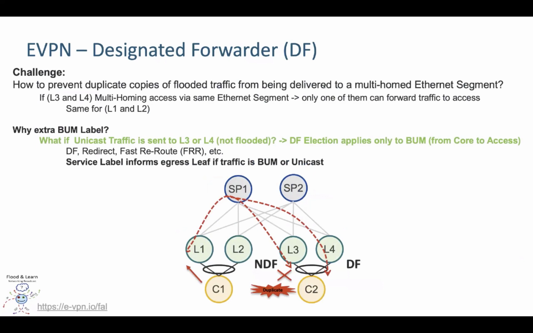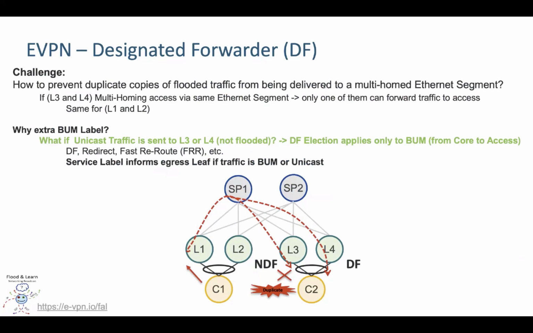So what is the challenge here? How to agree who will send this broadcast, unknown unicast, and multicast traffic to the access. Otherwise, normally both of them would send it to the access, and you will see duplicates on the C2. So basically, there is a DF election happening between L3 and L4, and L1 and L2, and they will agree per instance who will be forwarding this BUM traffic to the access.